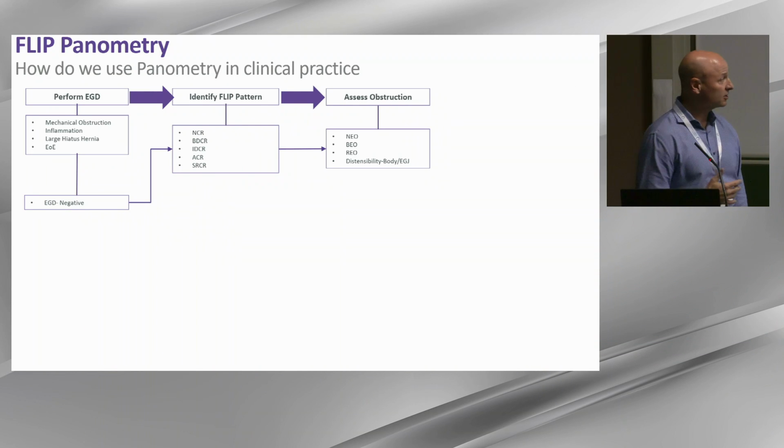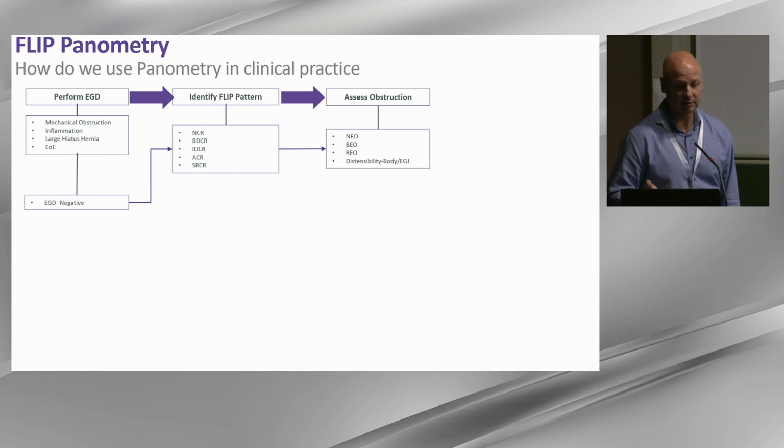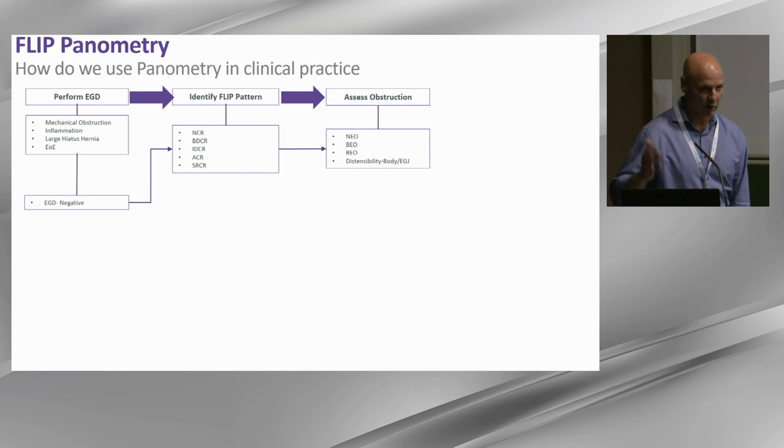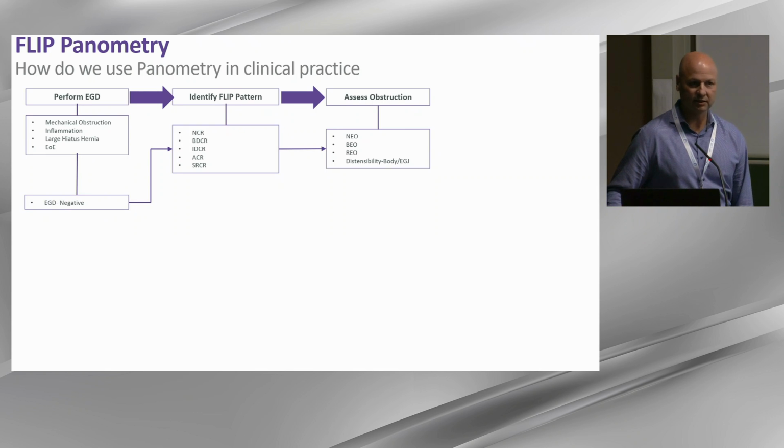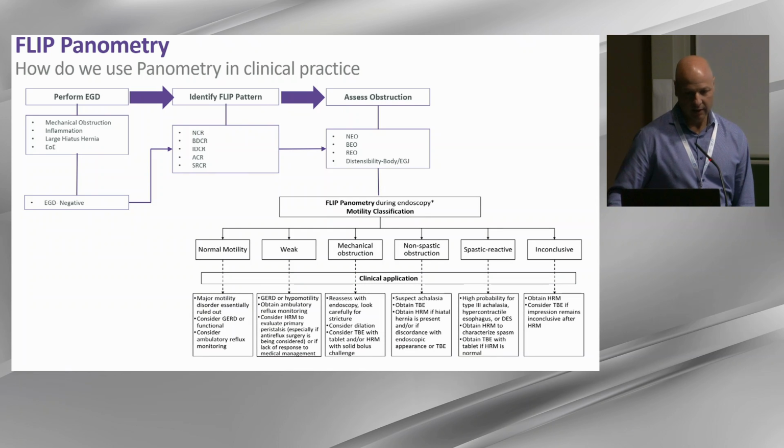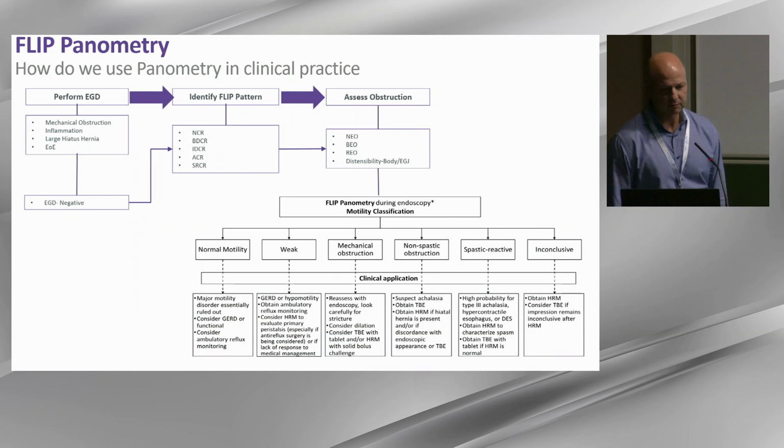So in my practice currently, and this is how I practice, the patients come in with whatever esophageal symptom it is. I watch them eat, but invariably they're going to get an endoscopy. I do their endoscopy. I rule out those problems that we talked about, and if it's negative, I assess their peristaltic pattern, that contractile response, and their EGJ opening, and I essentially lump them into these groups.